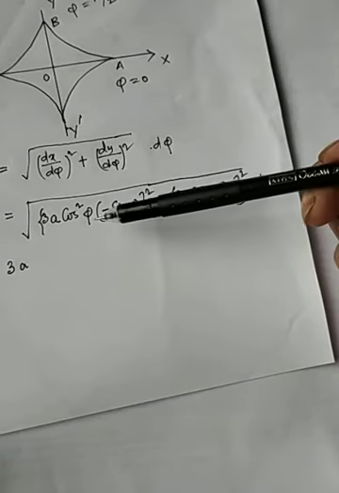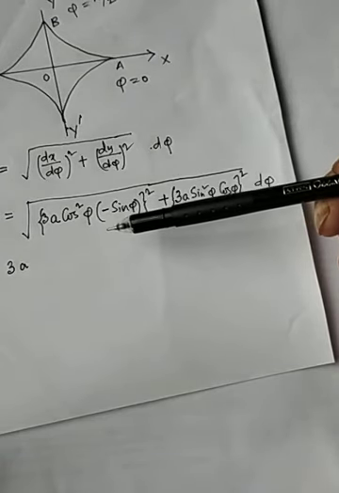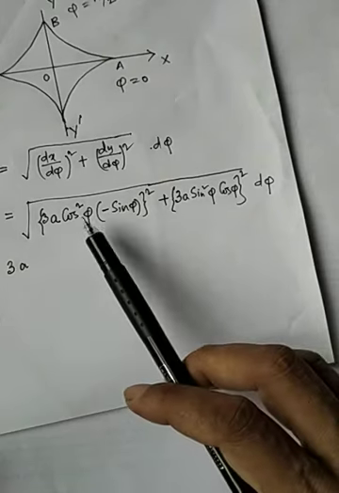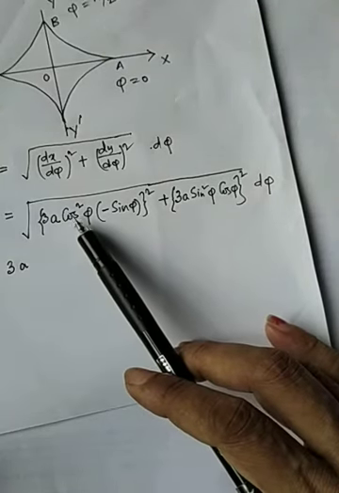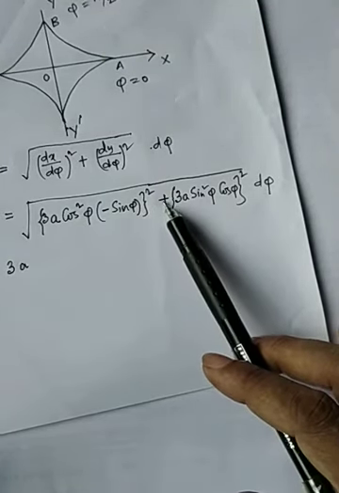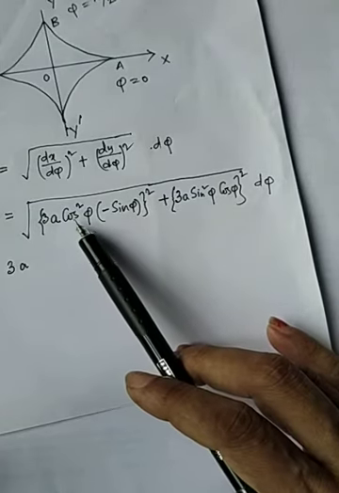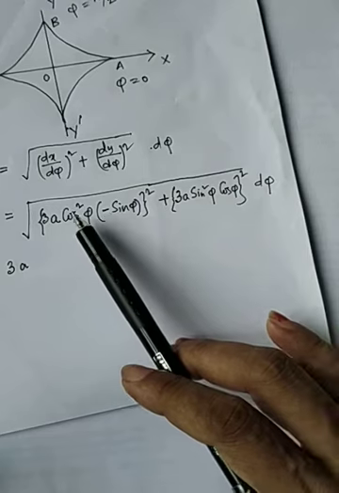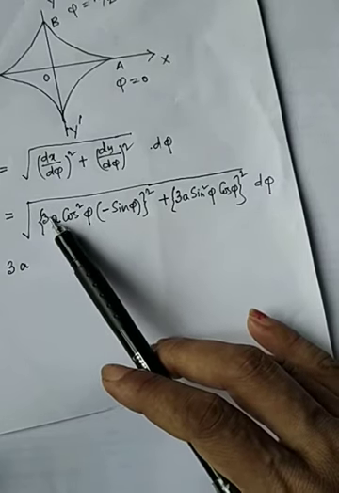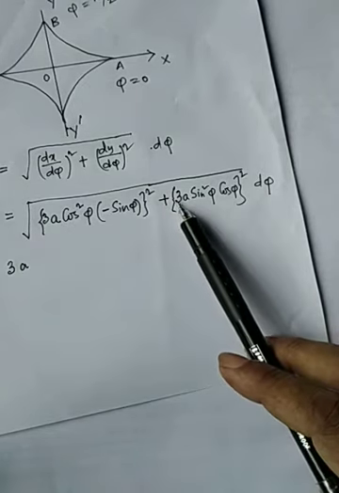So you will have two values of the same thing. Okay, actually this is 9 and 9, 18.